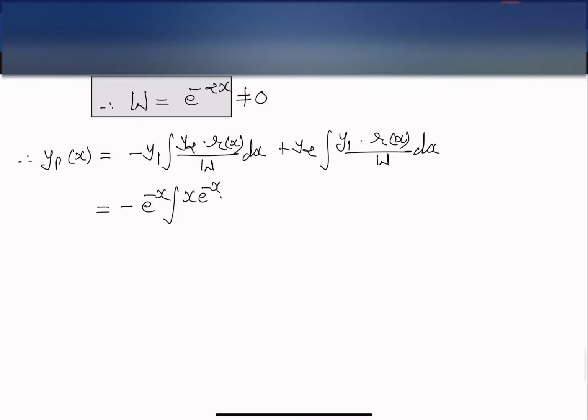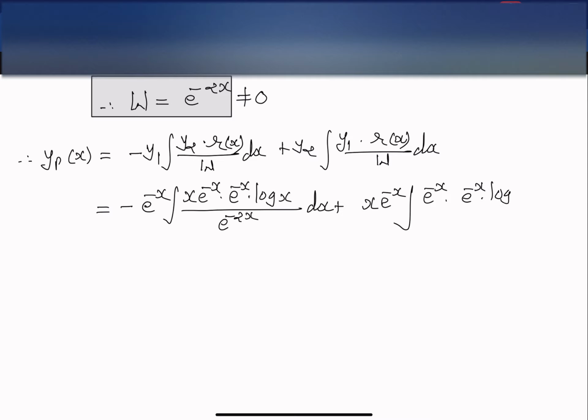So let us write here e raised to minus x log x divided by Wronskian e raised to minus 2x dx plus y2 x e raised to minus x, y1 is e raised to minus x, r(x) is e raised to minus x log x divided by Wronskian e raised to minus 2x dx.